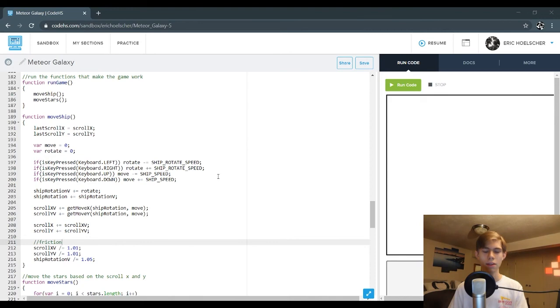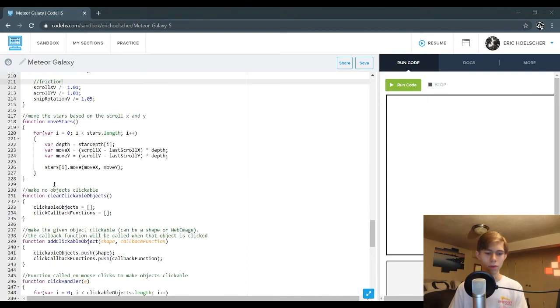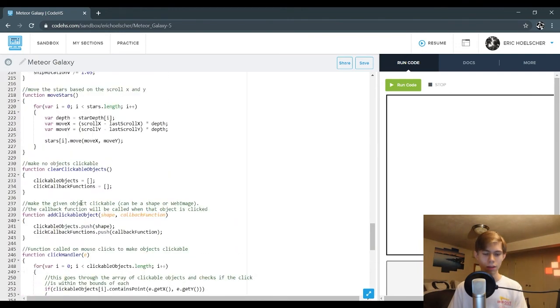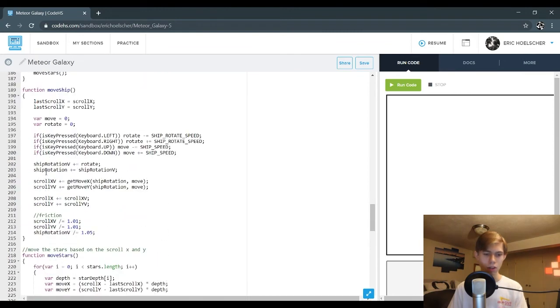There's one thing I want to explain quickly: when you're dealing with trigonometry functions inside of JavaScript, and this is the case for many other languages, it's using radians. So this angle right here is in radians, and our ship rotation is actually in radians too.